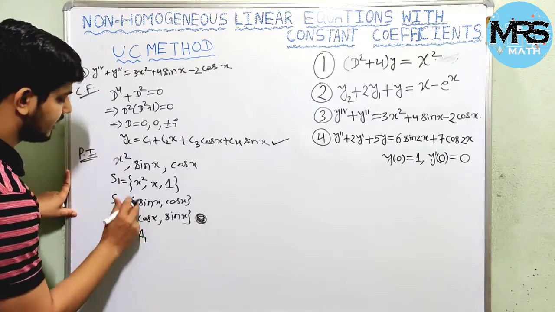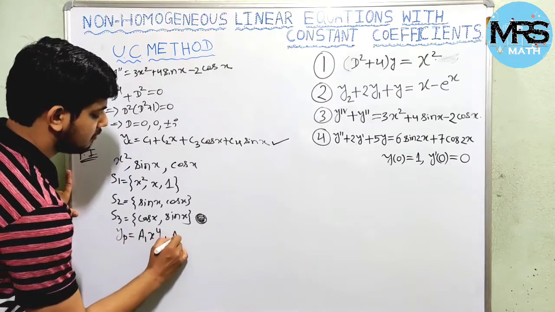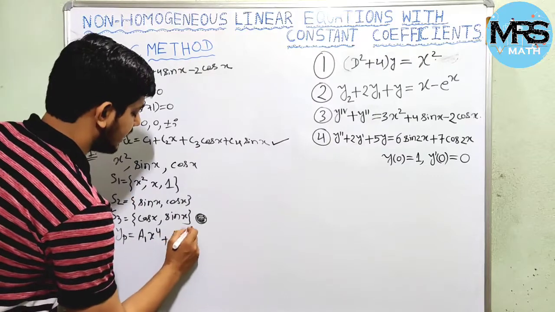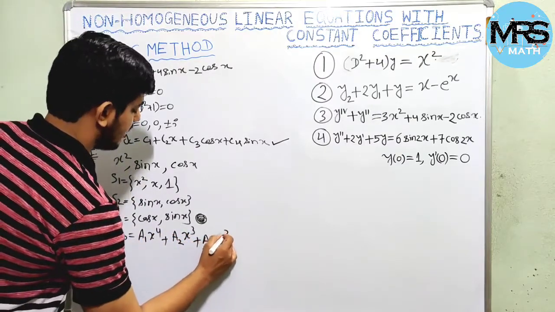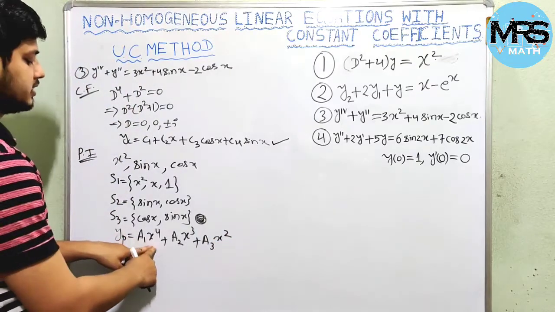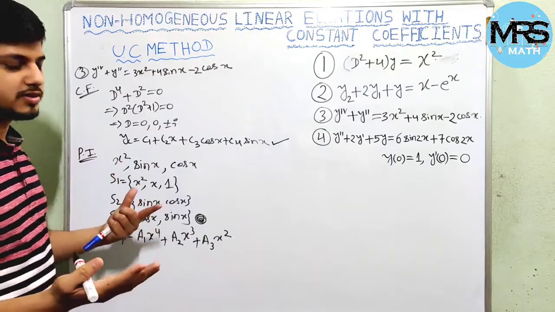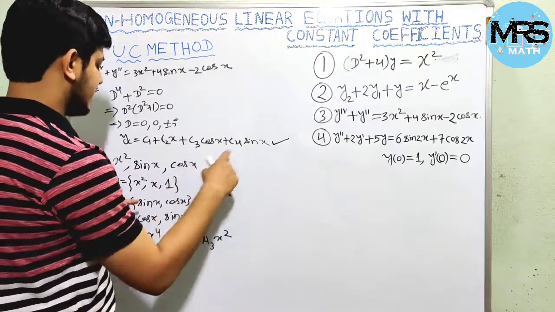a1 x² into x² is x⁴, correct? Plus a2 into x² into x is x³, correct? Plus a3 x². Now you can see x⁴, x³, x² have no term in the complementary function. But here cos x is there, sin x is there.